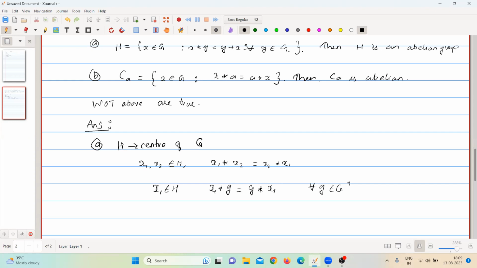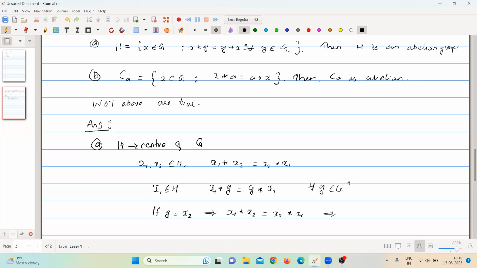What we need to prove is that x1 star x2 is x2 star x1. By the condition, we have x1 star g equals g star x1 for every g in G. In particular, I am putting g equal to x2. What we get is x1 star x2 equals x2 star x1.